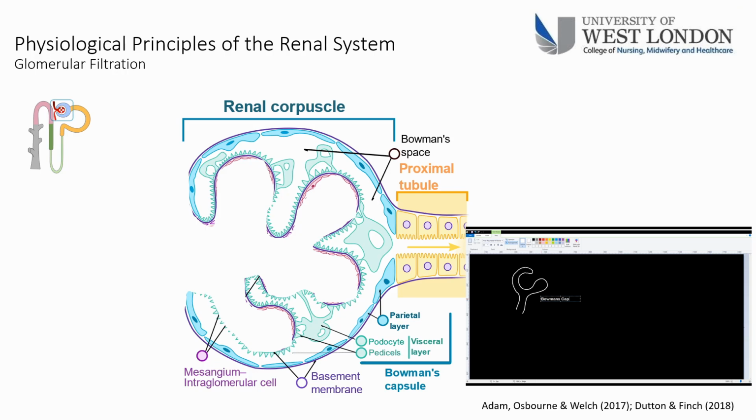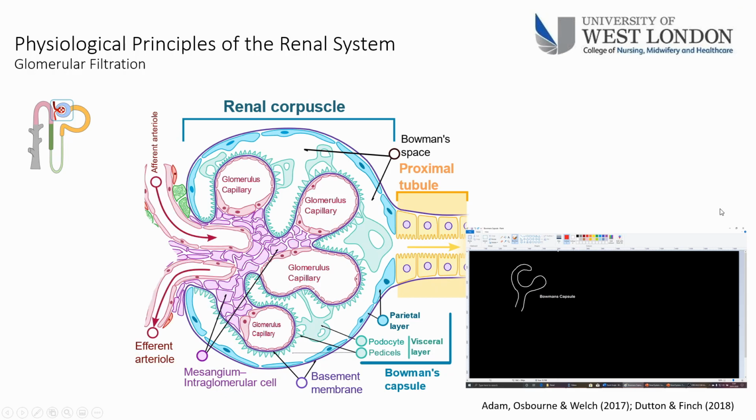It is made up of 2 layers, the parietal layer, which is the outside layer, and the visceral layer, which is made up of podocytes. The podocytes innervate the blood vessels, and they act like a sieve, preventing the flow of larger molecules such as red blood cells and proteins.